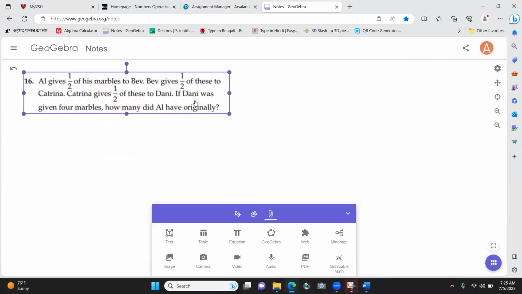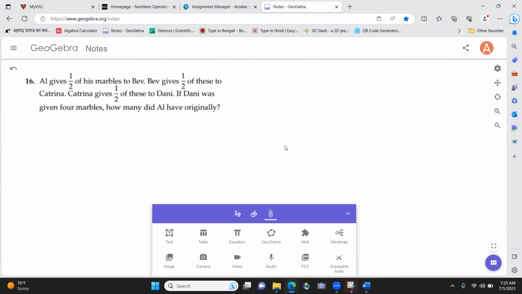All right. Al gives half of his marbles to Bev. Bev gives half of these to Katrina. Katrina gives half to Danny. If Danny got 4 marbles, so I'm going to make a table. I'm going to walk you through.